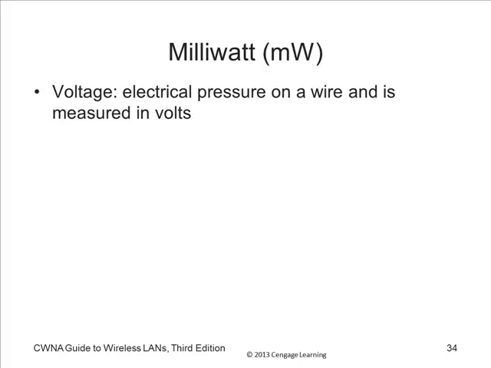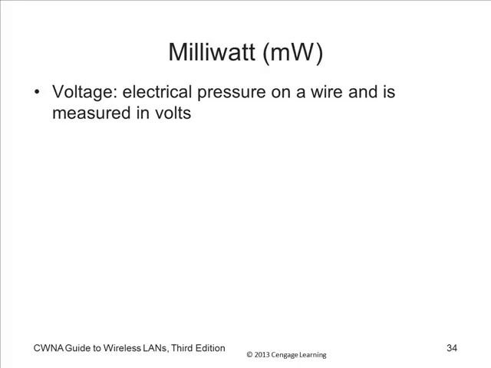It's very similar. You have so much pressure, and you have so much water flow. The water pressure is what the voltage is. The water that comes out, the water flow, would be the current. And if we opened or closed the nozzle, we would have resistance.